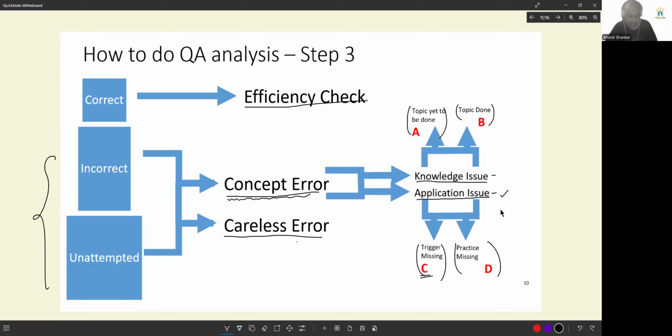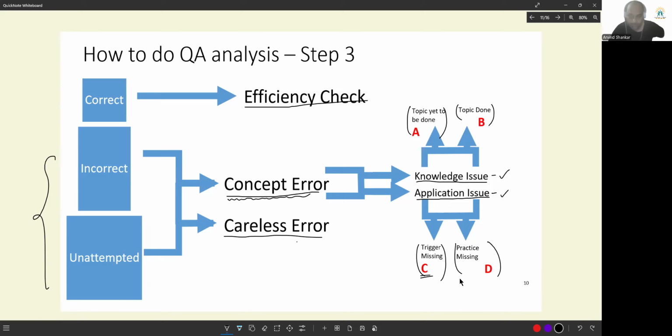Questions for which the understanding of the solution is absolutely missing, even when I've gone through the solution twice, thrice, 4 times over, then it is a knowledge issue. Application issue is I can understand the solution, but I can't generate it in the exam. And knowledge issue is I can't even understand the solution. This is beyond the scope of my understanding right now.